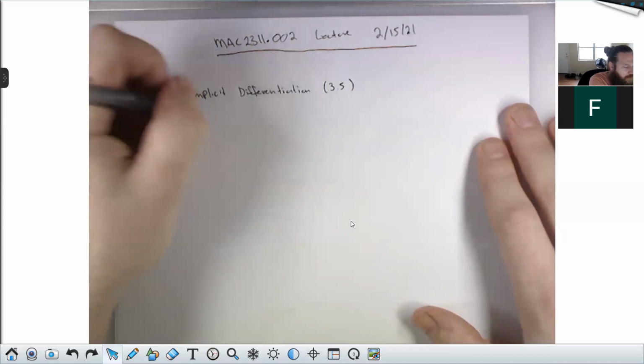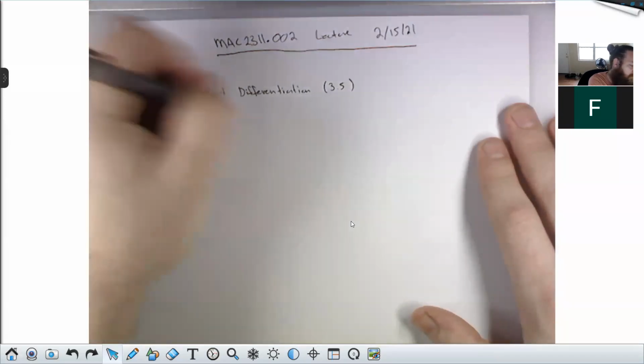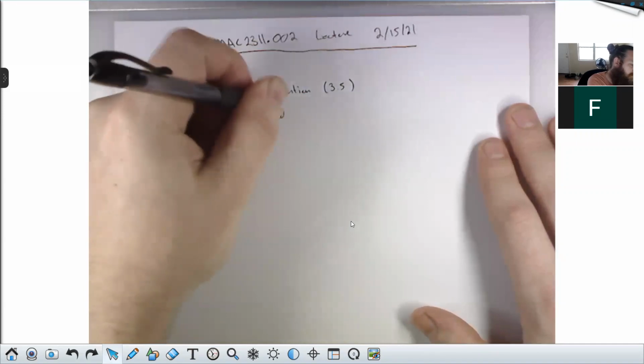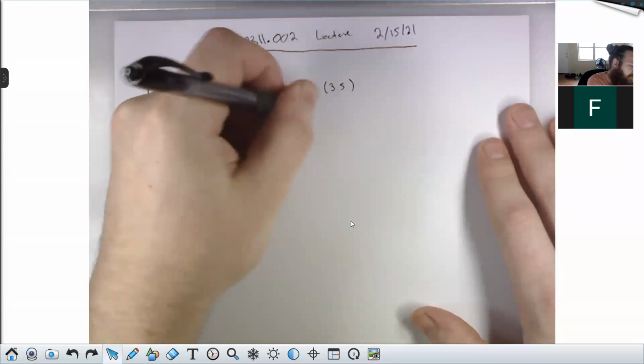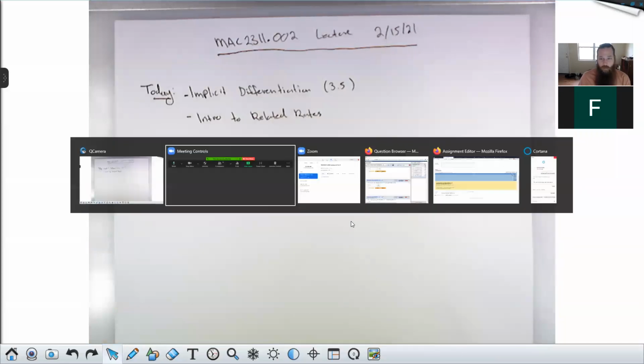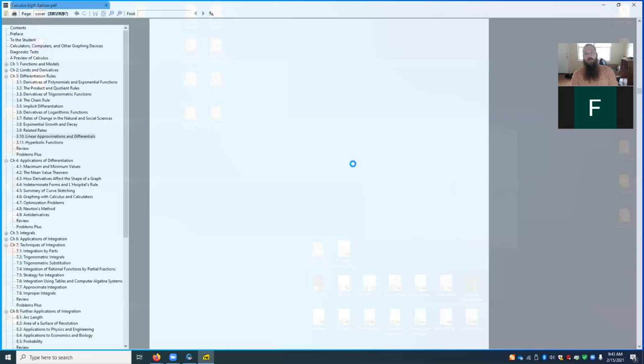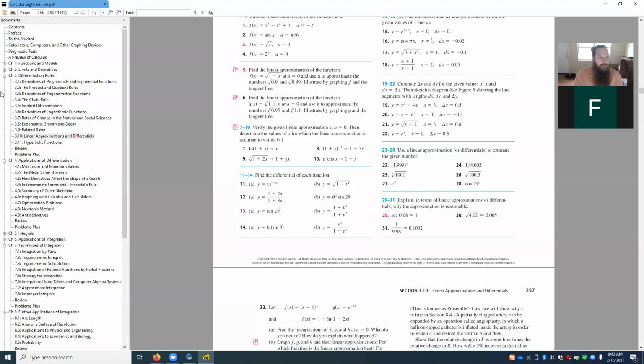And we might introduce related rates, which I think is actually section 3.9. The textbook jumps around a little bit here. There are some sections that we're not going to cover. 3.6 is derivatives of log functions. Yeah, we are going to cover that. But then we're going to jump to 3.9.